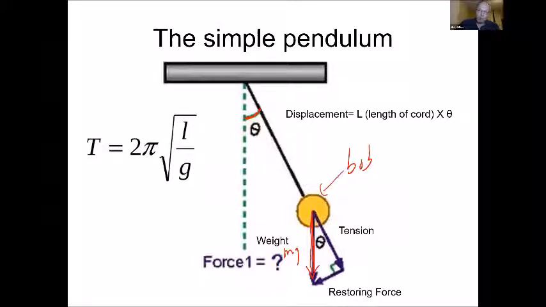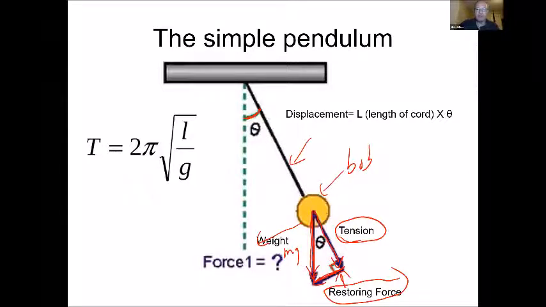One component that runs along the string, like this, and another component that's perpendicular to that one, like this. So this component along the string, that represents the tension that's acting in this rope. And then this perpendicular component here is the restoring force. That's the force that's pushing the pendulum bob back toward equilibrium.